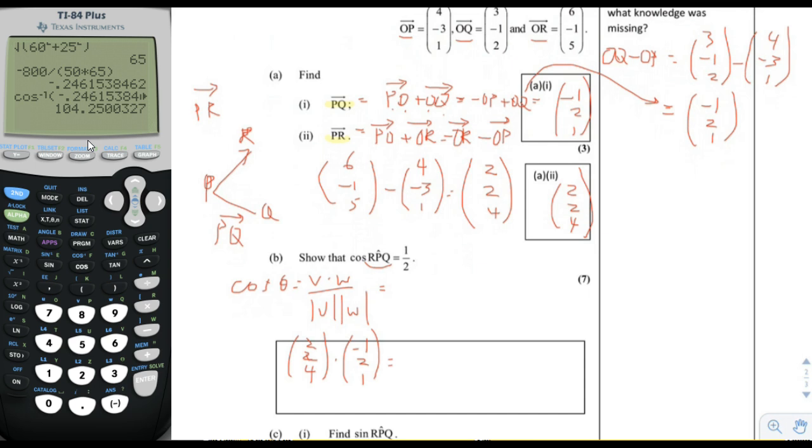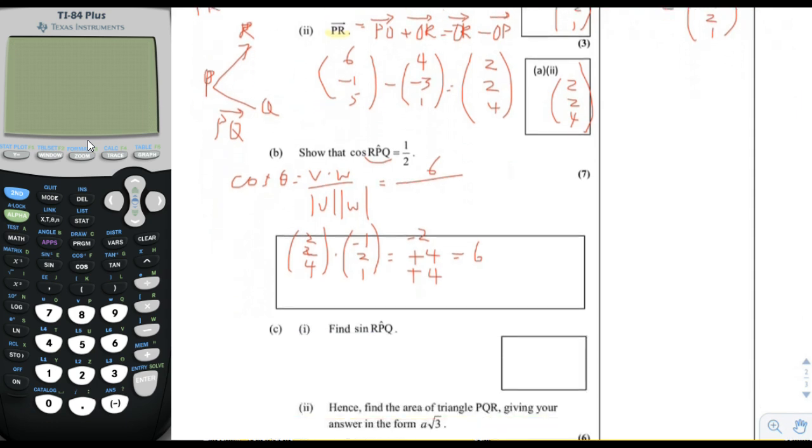That is equal to negative 2 plus 4 plus 4. So we multiply the x components together, the y components together, the z components together, and then we add them all up, and that gives us 8 minus 2, which is 6. So the numerator turns out to be 6.